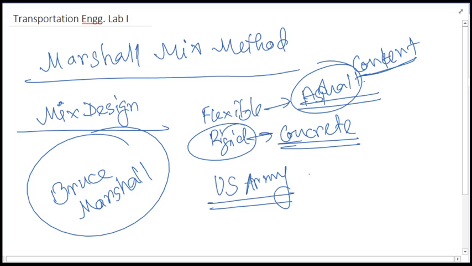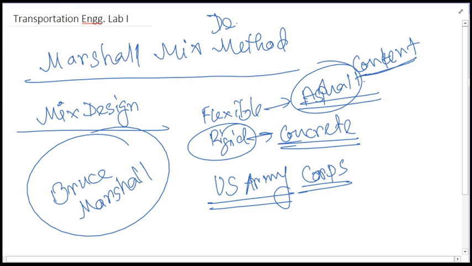Although the US Army Corps has refined this particular test after Bruce Marshall gave the basic properties or guidelines for this particular test. After that, this was refined by the US Army Corps, and finally it was designated as the Marshall method of mix design.